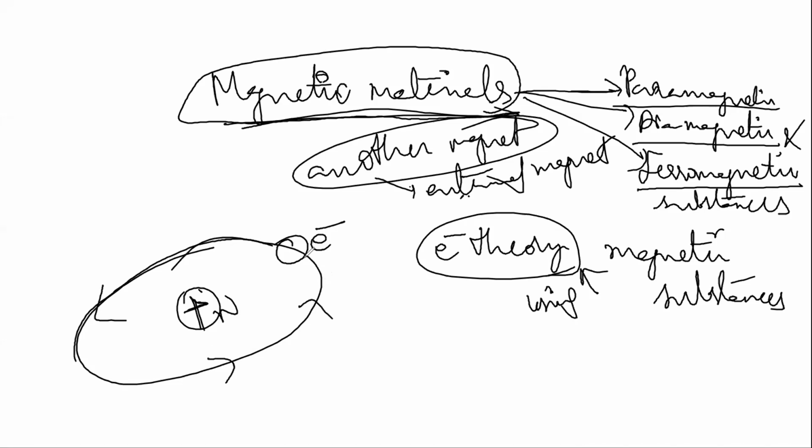At the same time, the electron undergoes spin motion around itself, around its own axis, and it revolves around the nucleus in elliptical orbits.